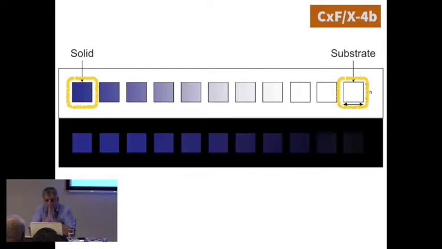Because it can be more work to measure many patches as opposed to measuring just 1 or 2 or 3 patches, there are 3 conformance levels in CxF/X4. The most basic one, which is called CxF/X4b, is where you only make two measurements, regardless of how many patches you printed.